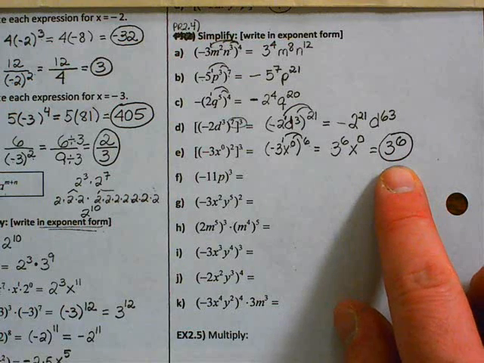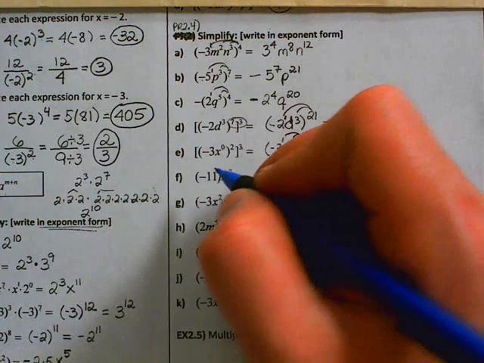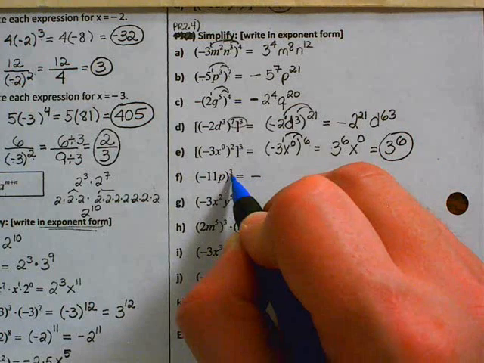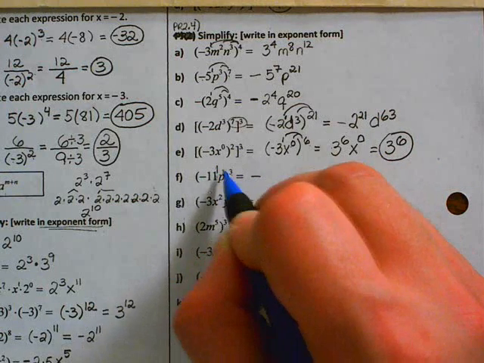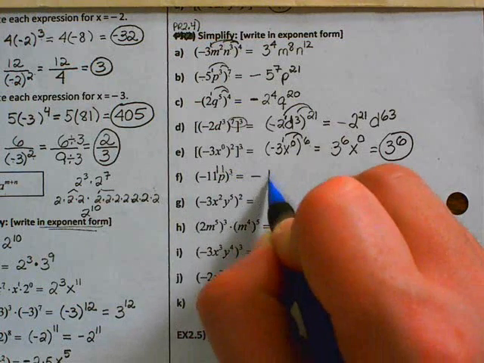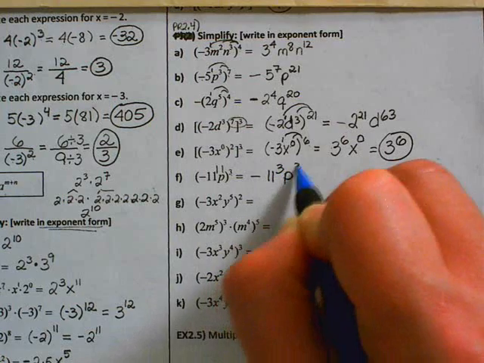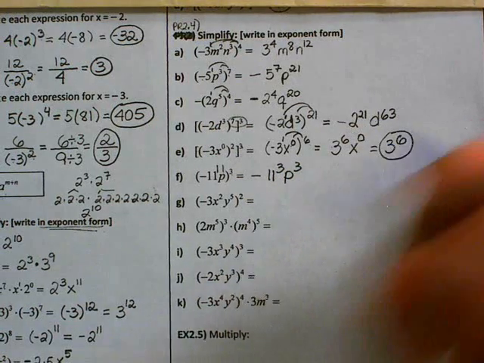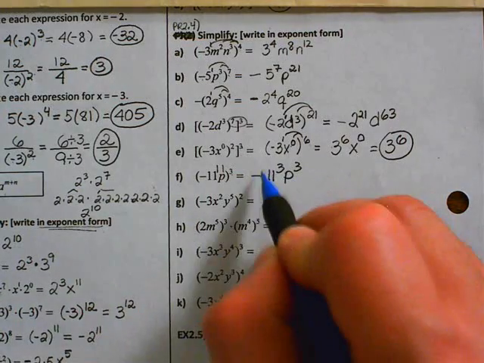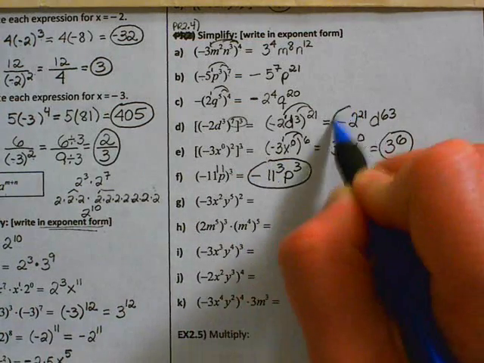Alright, next one. The negative will stay because it's an odd power. The new exponents are going to be, because remember there's an invisible 1, 11 to the 3rd, p to the 3rd. Alright. Put a circle here on our final answers.